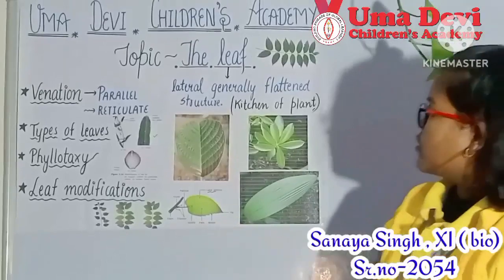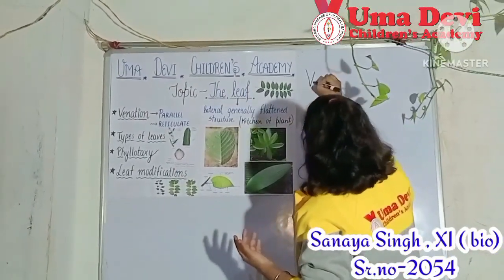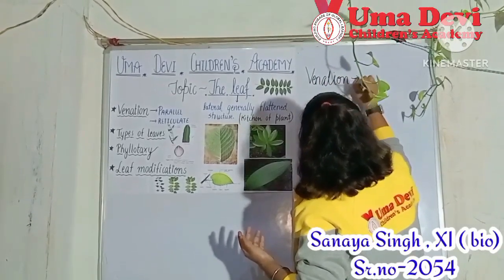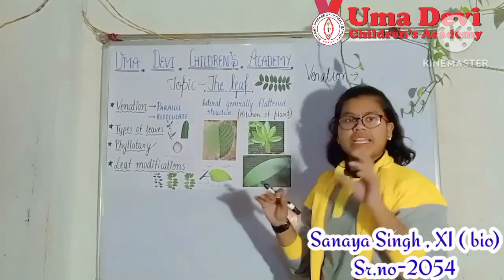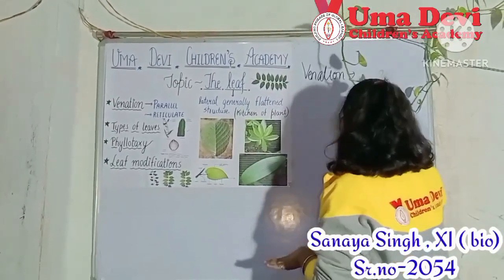Okay, so now let us come to venation. What is venation? Venation is simply the arrangement of veins on the leaf.